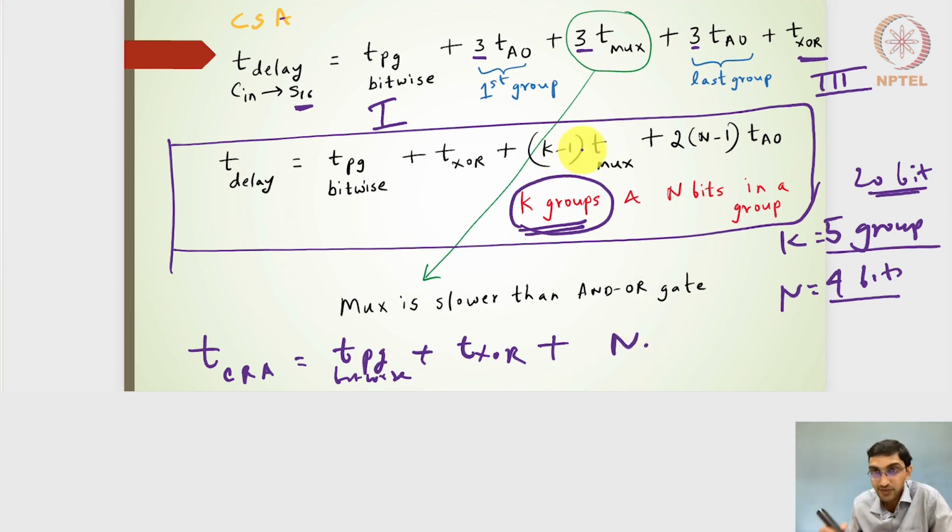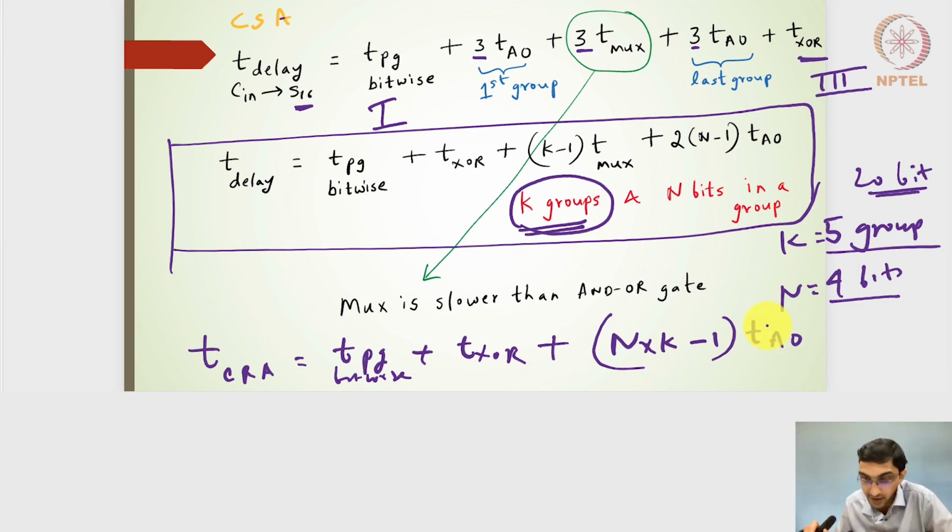So k into n will give me the total number of additions. So k n minus k minus 1 of T_AO will be my answer for the carry ripple adder. Whereas here it is nothing but 2 into n minus 1 into T_AO plus k minus 1 into T_MUX. And this carry skip adder is likely to be faster than that of the carry ripple adder.